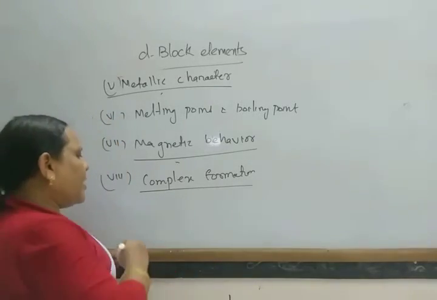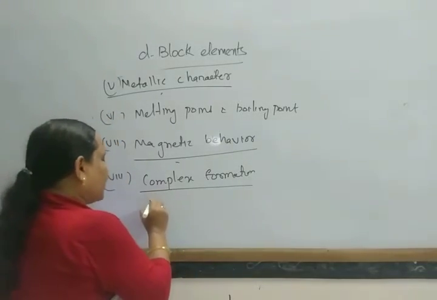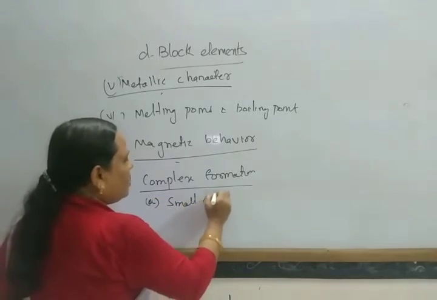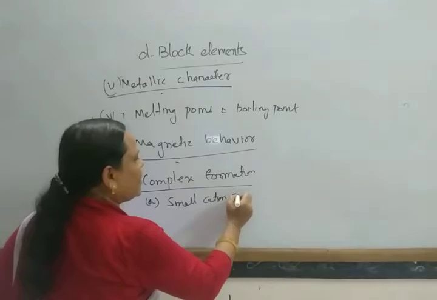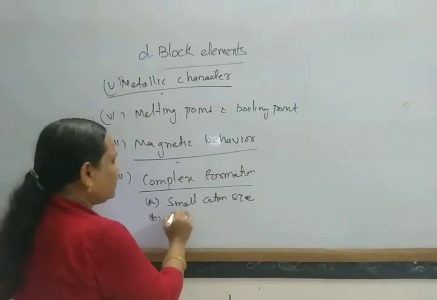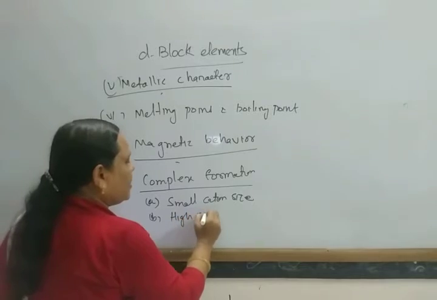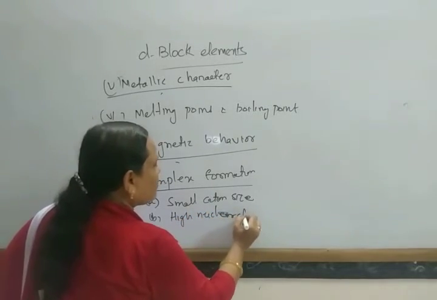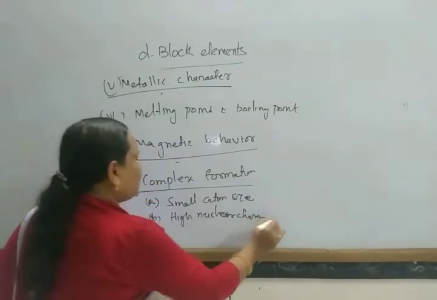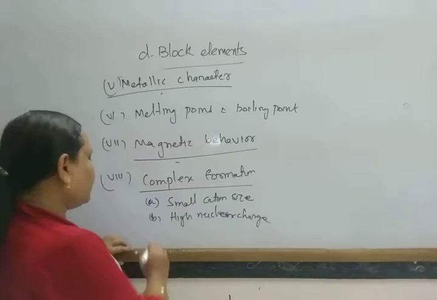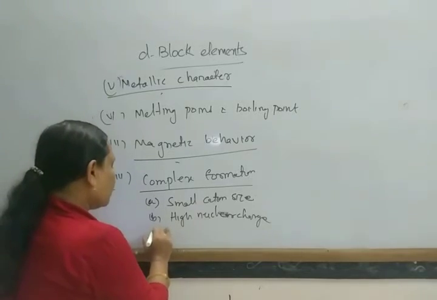Because they have a small cation size and high nuclear charge. So they possess small cationic size, high nuclear charge, and variable oxidation states.